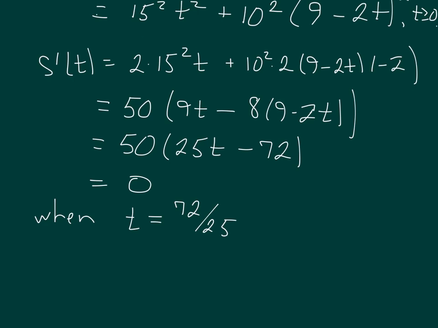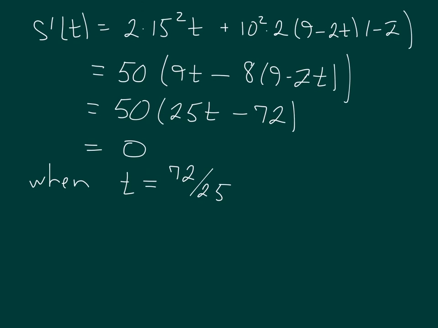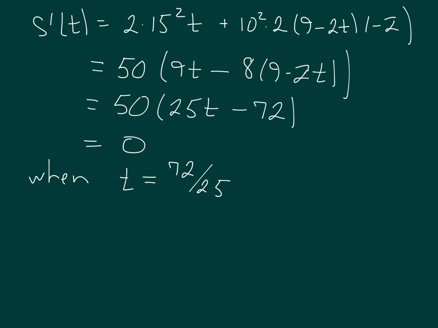But now we can find a sign diagram for s prime. So let's do that. Remember, t was only greater than or equal to 0, so put a 0 here. We have t is equal to 72 over 25. This was our critical number right here.